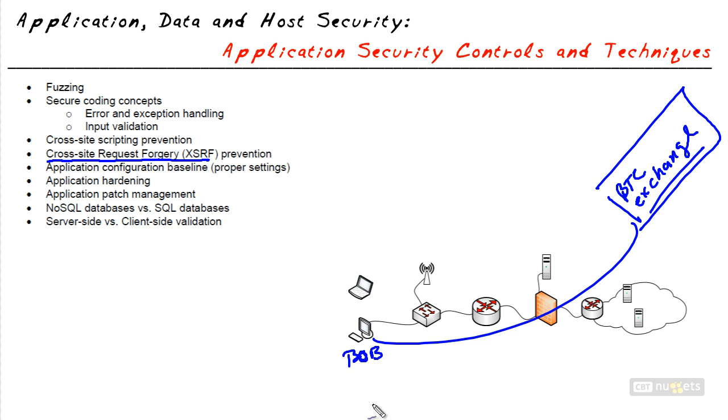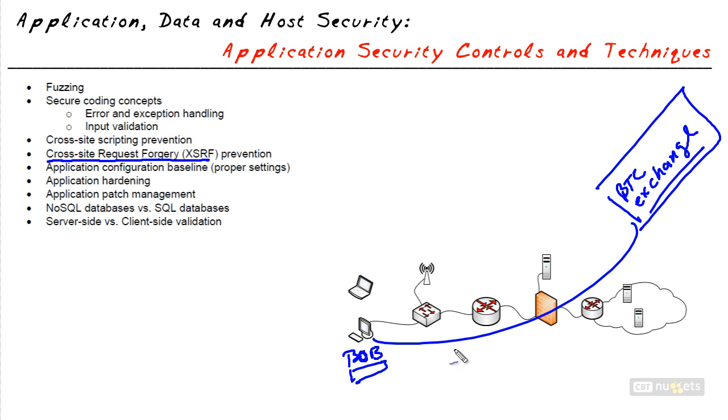So Bob knows he's connecting to the right site, and the BTC Exchange is going to know that Bob is really who he says he is because Bob has authenticated with BTC Exchange, usually through a username, password, and perhaps using some additional one-time password mechanism, like Google Authenticator or something like that.